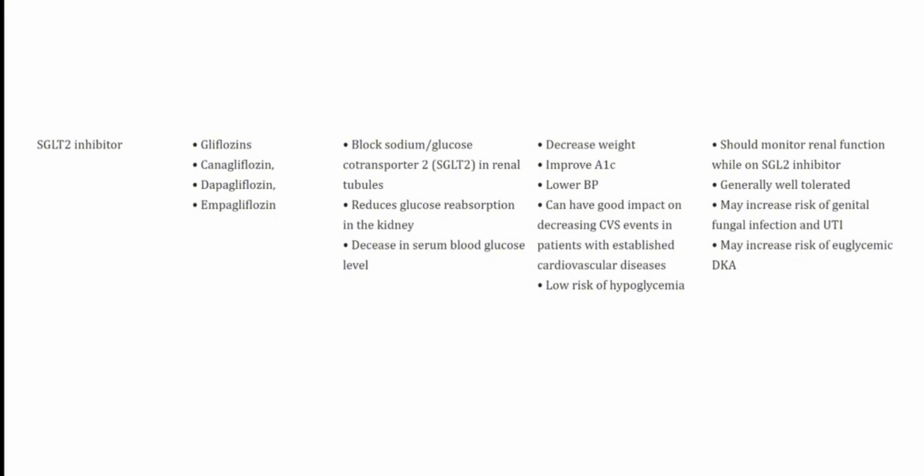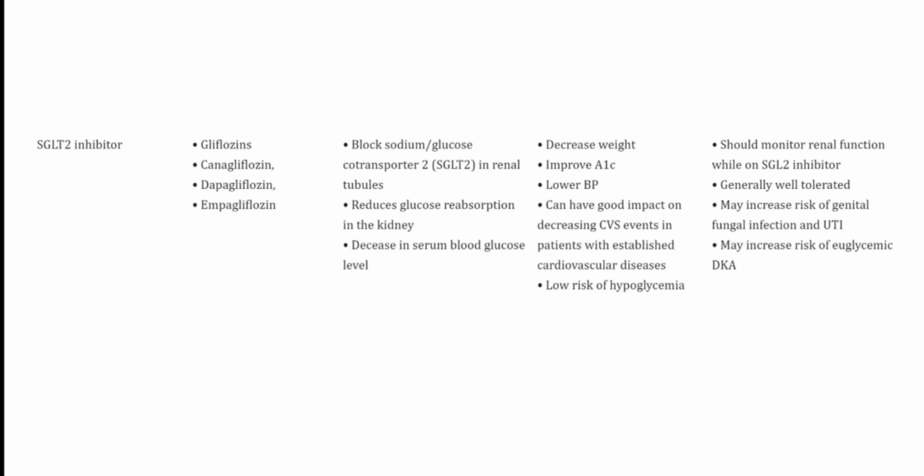And we have the SGLT2 inhibitors. Examples include the gliflozins, which are canagliflozin, dapagliflozin, empagliflozin. They block the sodium glucose co-transporter 2 in renal tubules. This reduces glucose reabsorption in the kidney and decreases serum blood glucose level.